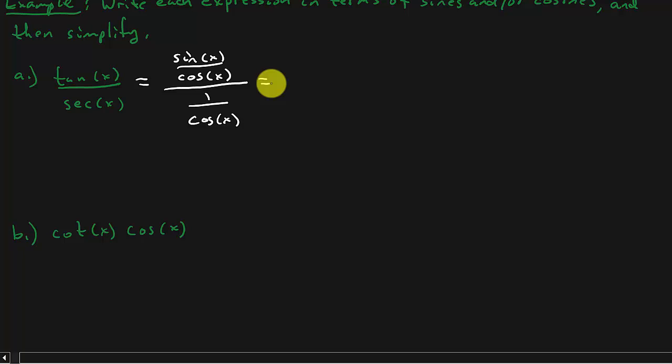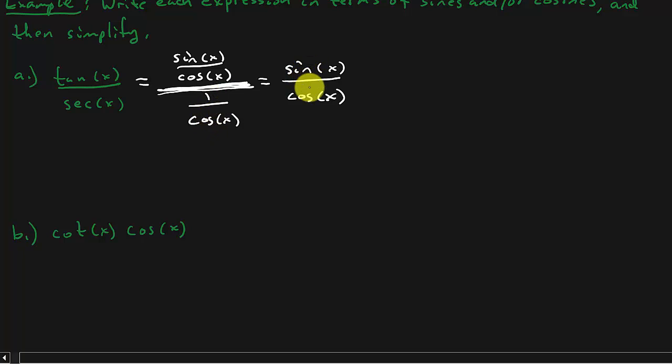Now, let's look at this. Notice I have sine over cosine divided by 1 over cosine. That's sine over cosine divided by 1 over cosine.